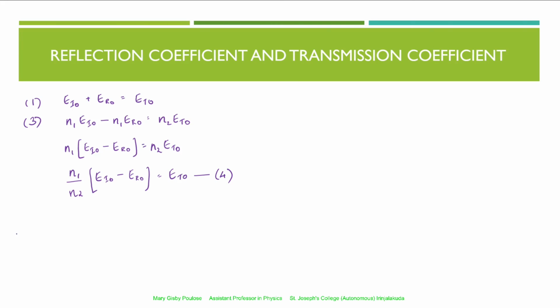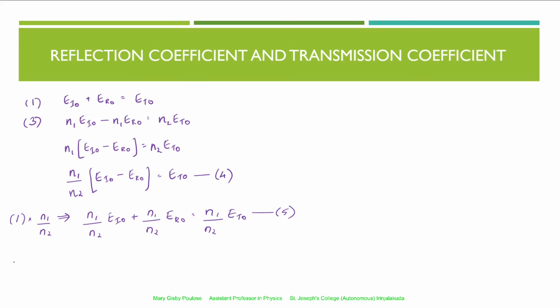Now, using the first, third and fourth equations, we are going to derive the transmission coefficient. For that, first, let us multiply the first equation with n1 by n2, and that implies n1 by n2 Ei naught plus n1 by n2 Er naught is equal to n1 by n2 Et naught. Let this be your fifth equation.